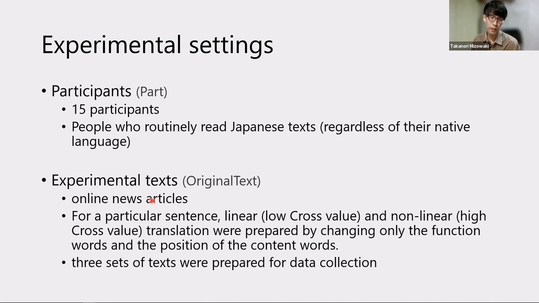For a particular sentence, we prepared 2 versions of translation, linear translation and nonlinear translation, by changing only the function words and the position of the content words. 4 sets of text were prepared, and 1 of the 4 texts was used for practice, and the other 3 texts were used for data collection. The variable name for the text is original text.